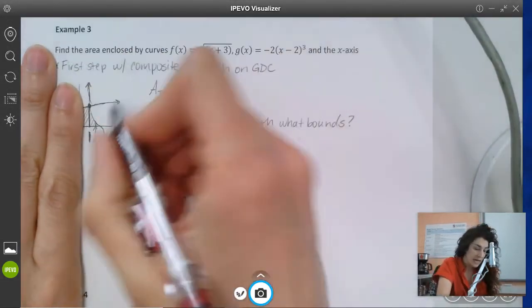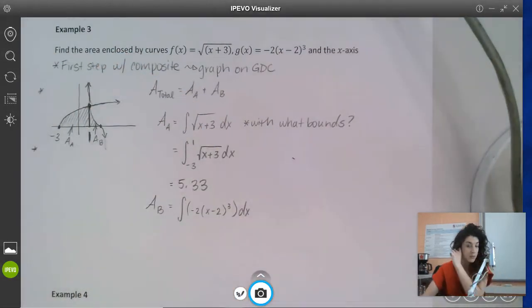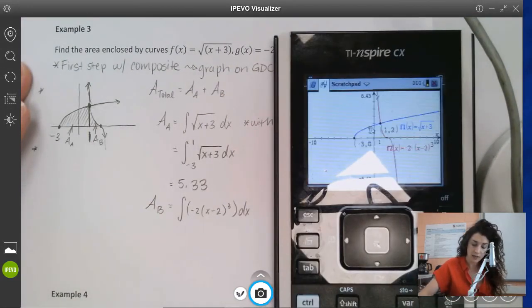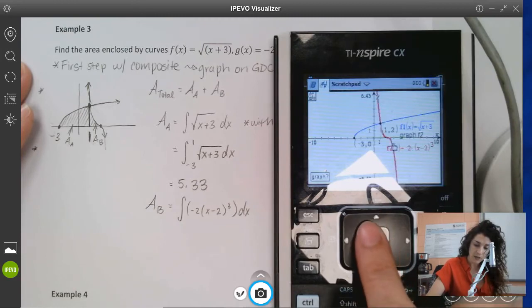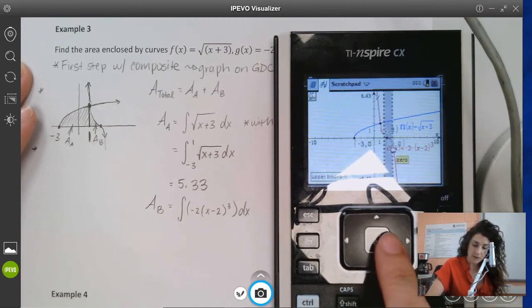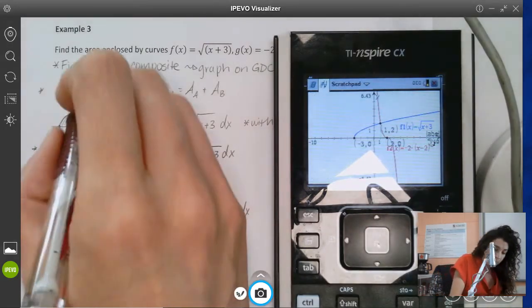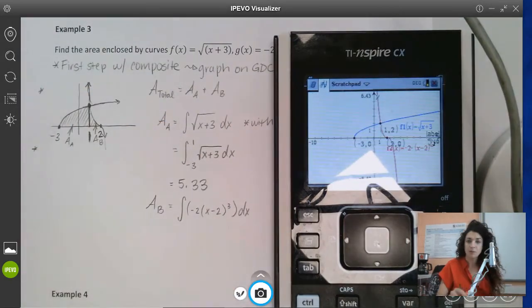Starting at 1, we end where it crosses the x-axis, this point right here, which would be our x-intercept. Going back to our graph and finding that x-intercept, we just click on the correct graph, give ourselves enough space to make sure we find the right one, and our answer is 2. So we go from 1 to 2.